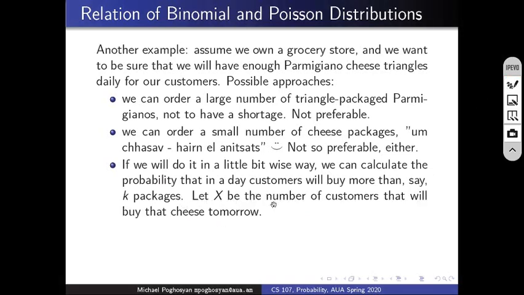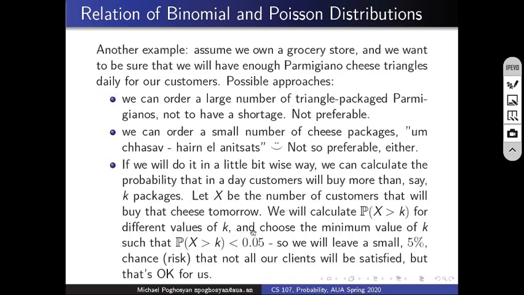So X is the number of customers that will buy that cheese tomorrow. X is a random variable, and we calculate the probability that X is larger than K for different values of K and choose the minimum K satisfying this. So the probability that the number of customers will be larger than K is small.